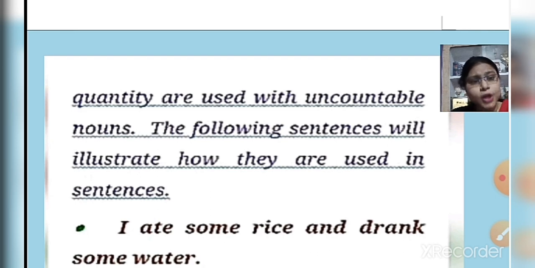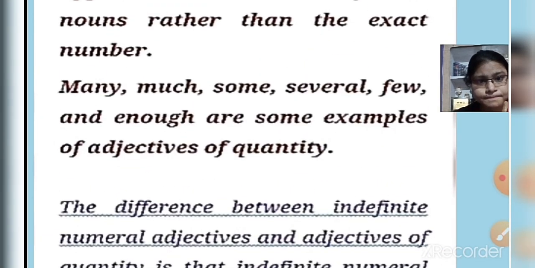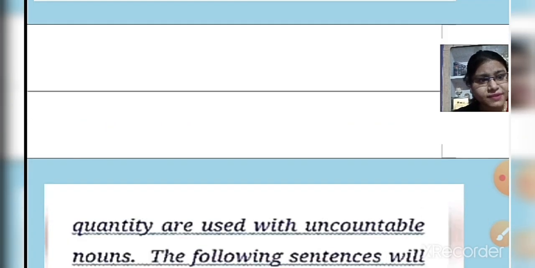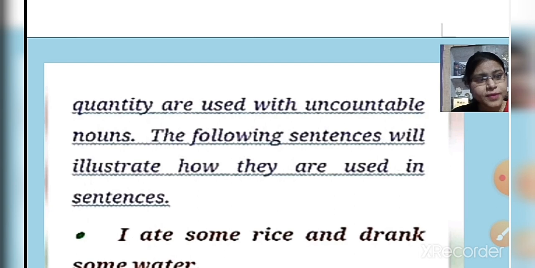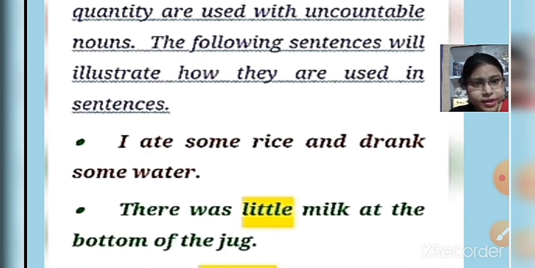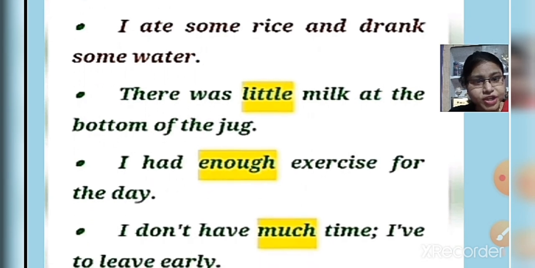If you can find the difference between words like several and many, with the help of this point you can understand by yourself that an adjective of number can be used with a countable noun, and if it is an adjective of quantity, it always comes with an uncountable noun. Clear? The following sentences will illustrate how they are used. Here are some examples. With the help of this, you will learn how to differentiate between the two.